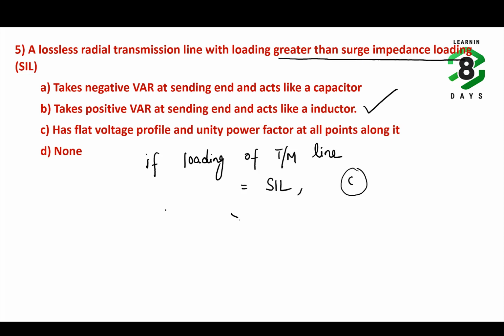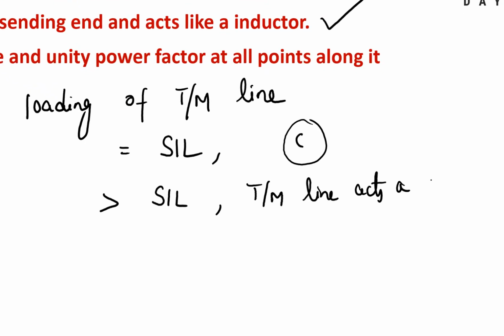Suppose the loading is greater than SIL, as in this question, it acts as what? It acts as an inductor. So what does an inductor do? It takes positive reactive power. Suppose the loading is less than SIL, the transmission line acts as a capacitor.